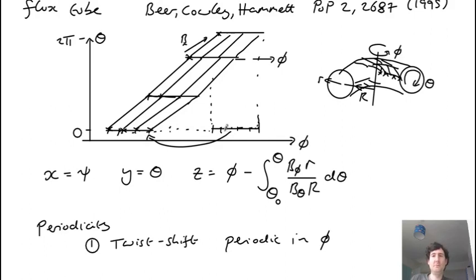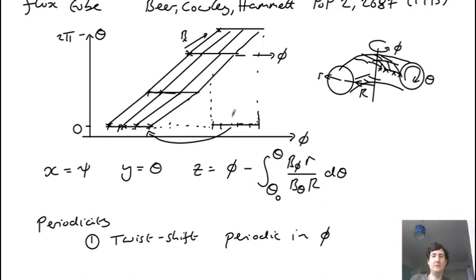But if you're solving a small part of the torus, say a tenth of a torus or a 20th, to look at high-n modes, then this can introduce additional correlations which are non-physical. The alternative is to wrap multiple times around.